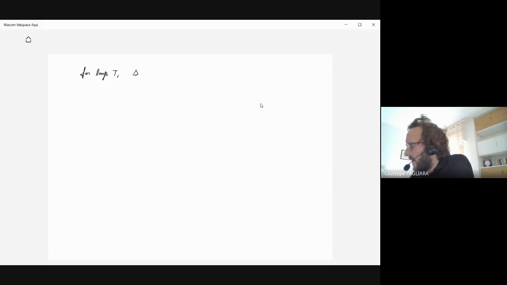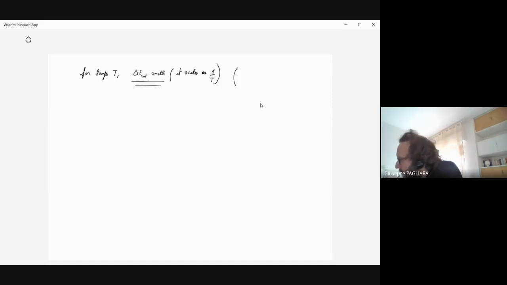So let's say that delta E rotational is small, being basically the difference between the energy associated with a certain quantum number j and the quantum number j plus 1, but in this case it scales as 1 over T, and therefore for large temperature this excitation energy delta E is small because it scales as 1 over T. And therefore we will actually see that instead of summing, we can do an integration.